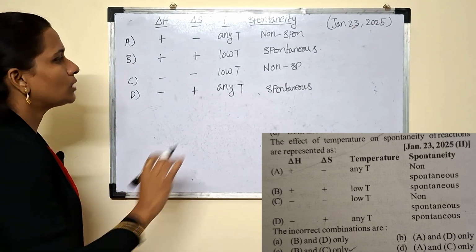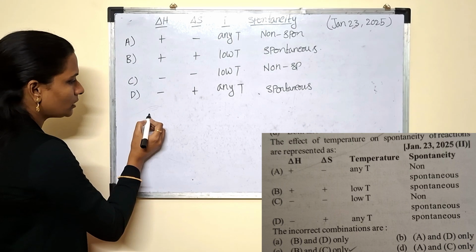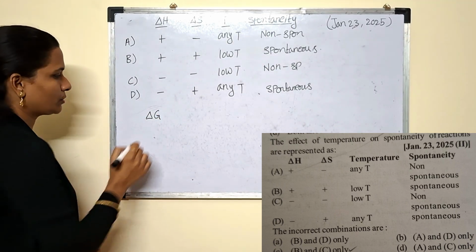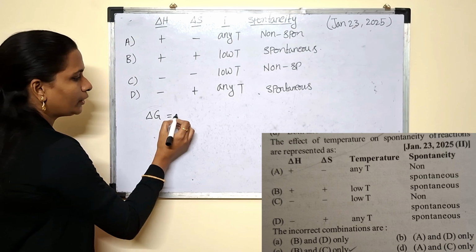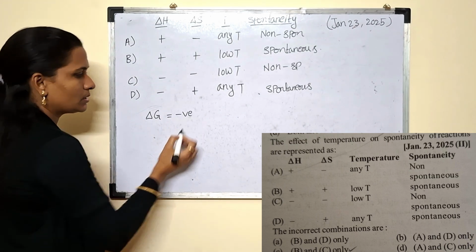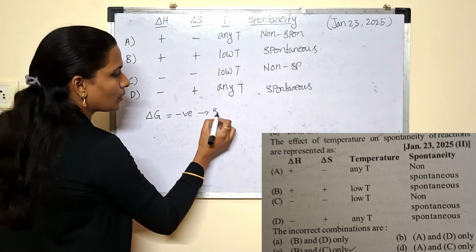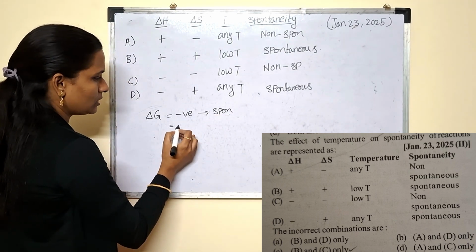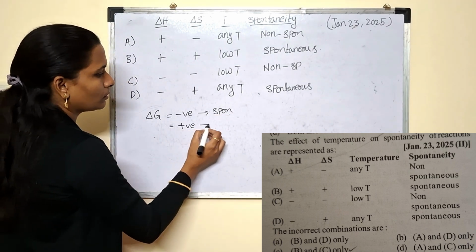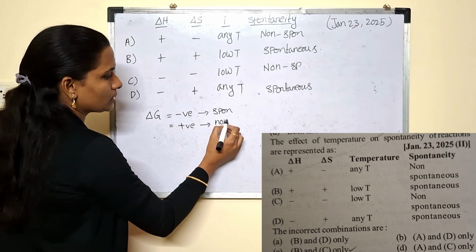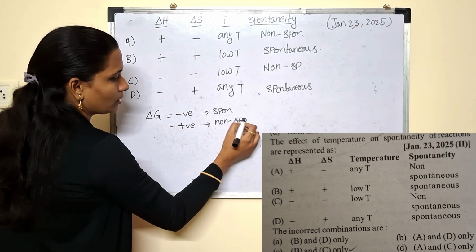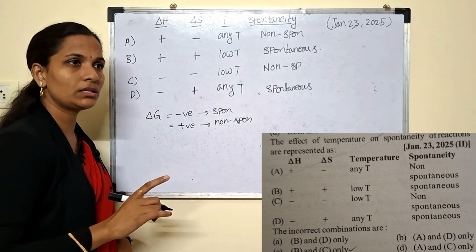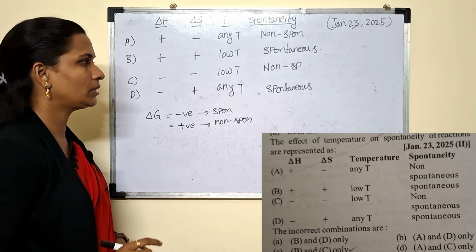Coming to delta G, the Gibbs free energy change: if delta G is negative, it is a spontaneous reaction. If delta G is positive, then it is a non-spontaneous reaction.